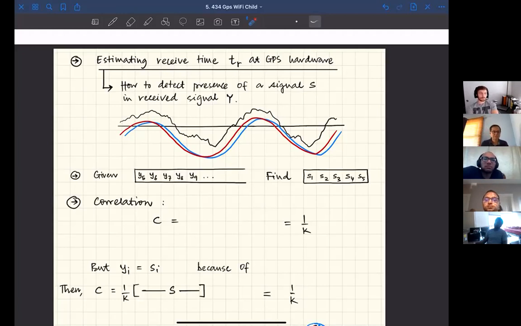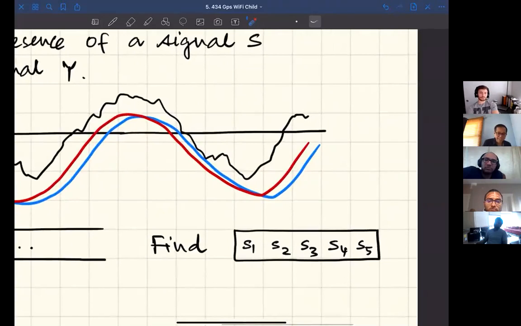So here is the question. Given that you have received this noisy signal, can you figure out exactly when the signal arrived? Actually, first question is, can you say even if the signal is there? In fact, interestingly, Alexa also does this.